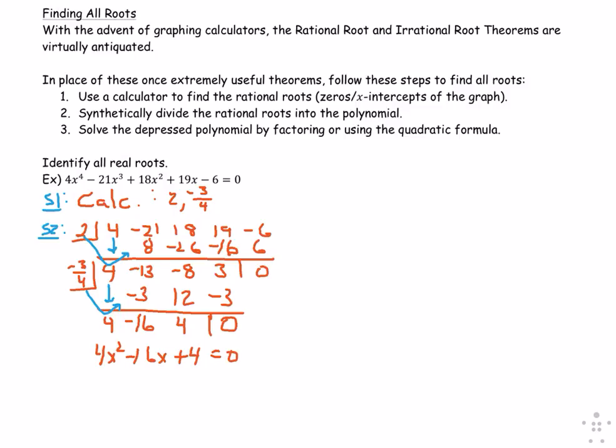And to show big picture what's going on here, when I did this division, I noted earlier that we would have this factored version of the polynomial. And then after doing the next synthetic division, we would have the following factored version of the polynomial.